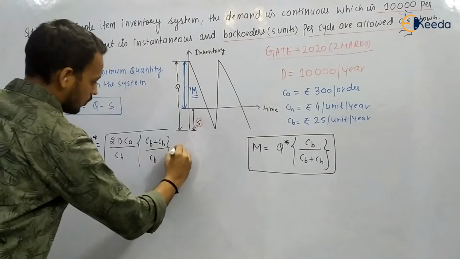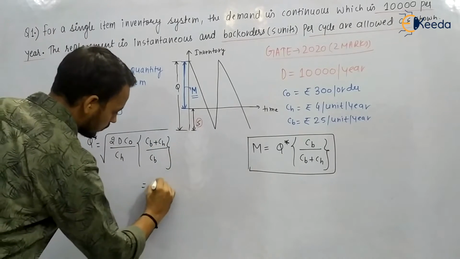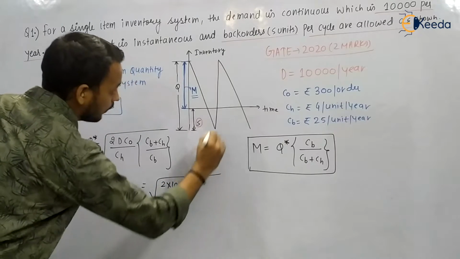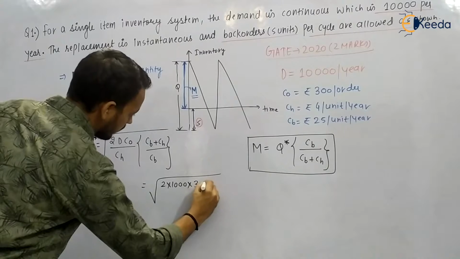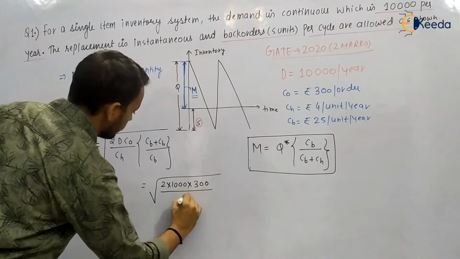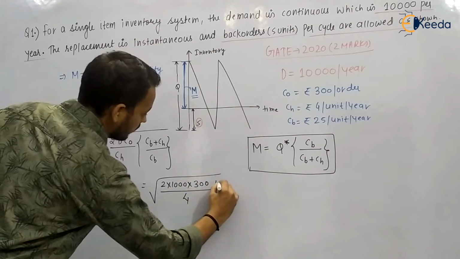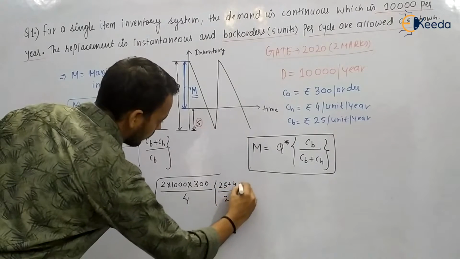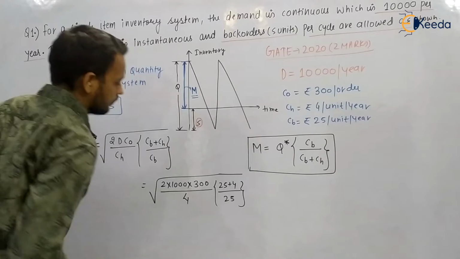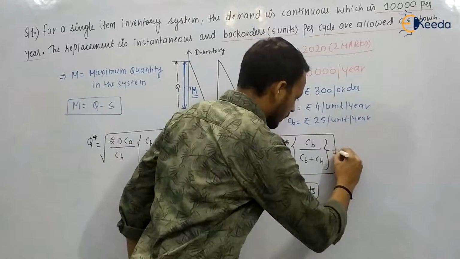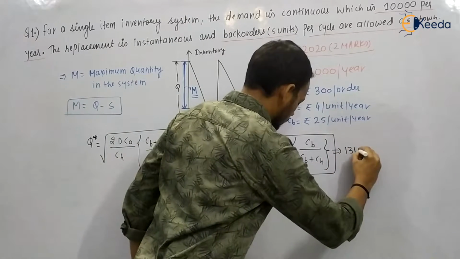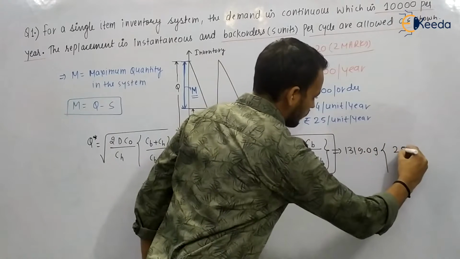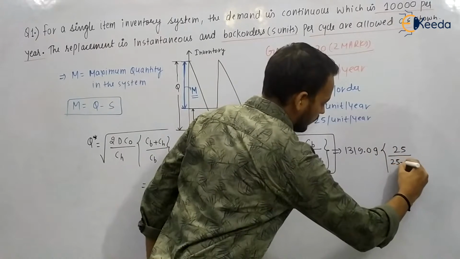So just put the values. 2D is 10,000, C naught is 300, divided by CH, which is 4, into 25 plus 4 divided by 25. Here you get the value 1319.09, into CB upon CB plus CH, that is 25 upon 25 plus 4.